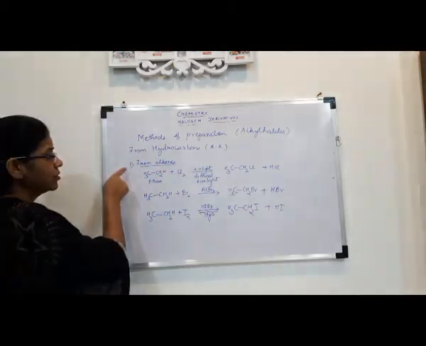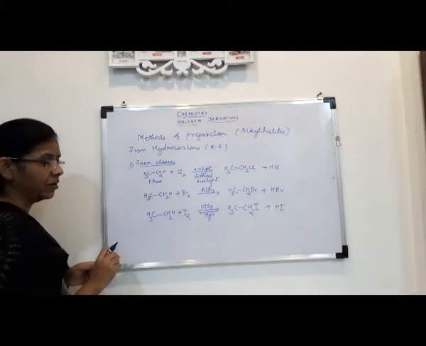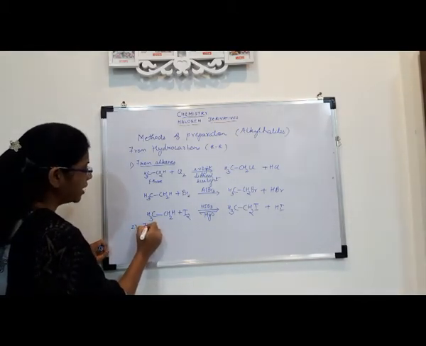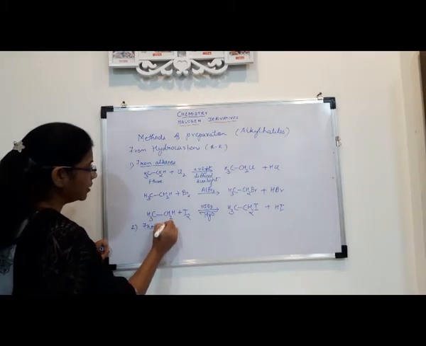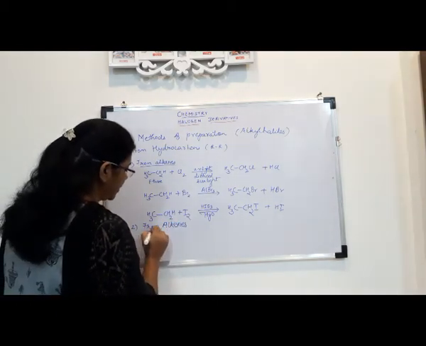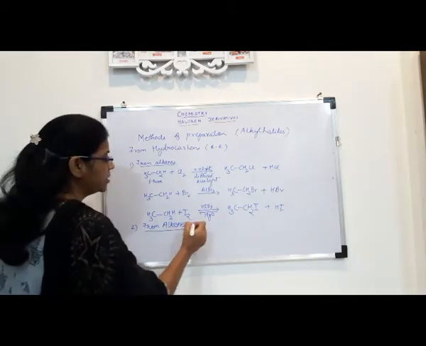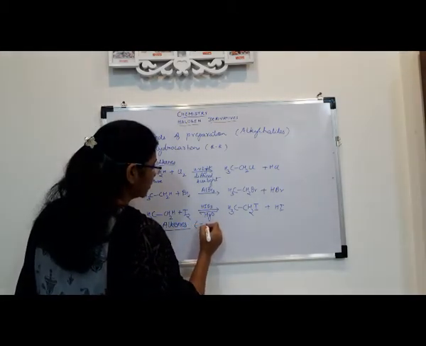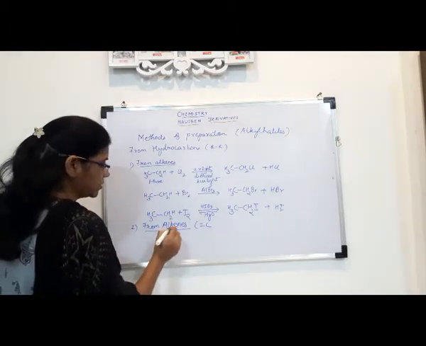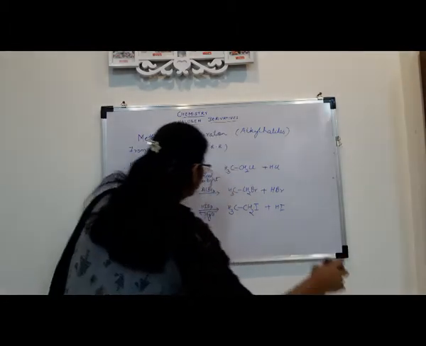Did you get it? So this is from saturated hydrocarbons. The second is from unsaturated hydrocarbons, that is from alkenes. You have done this in the alkene chapter of 11th, C double bond C. Correct? Now you have seen the two cases. Okay, now I will rub this out, sorry.